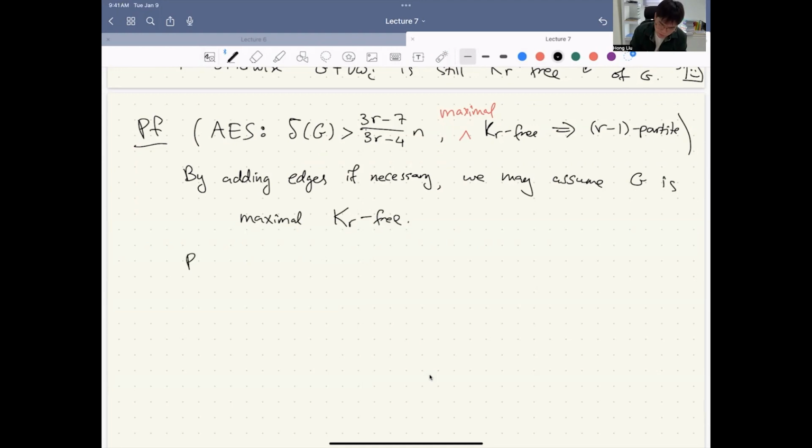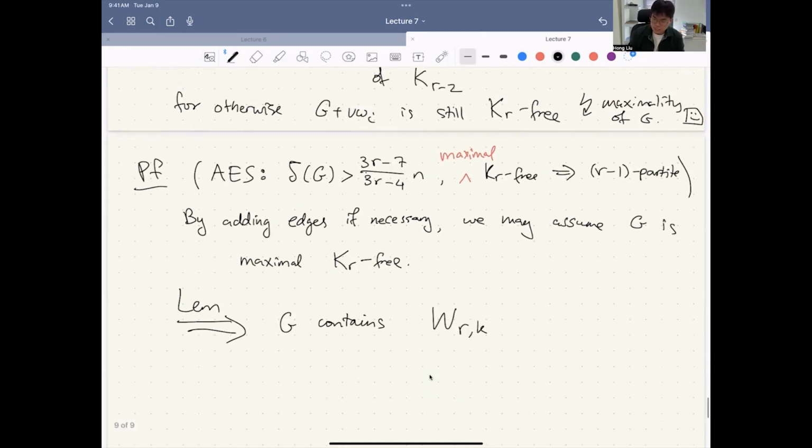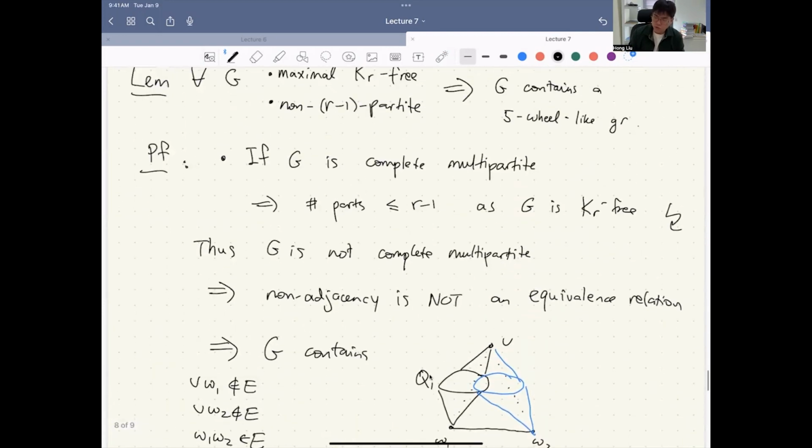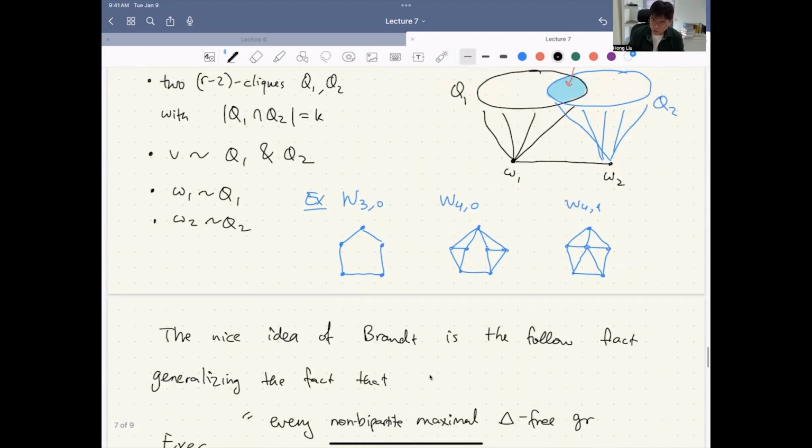Then the lemma that we proved above, applied on G, implies that G contains a 5-wheel-like graph W_{r,k}. There's one thing I forgot to say in this definition.